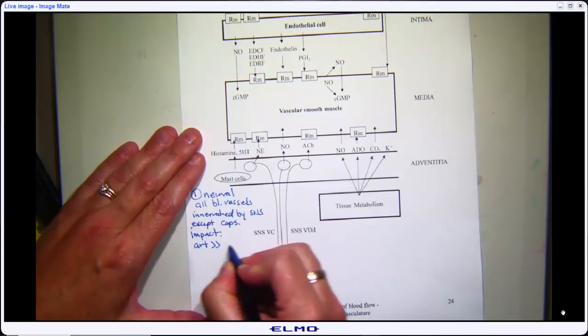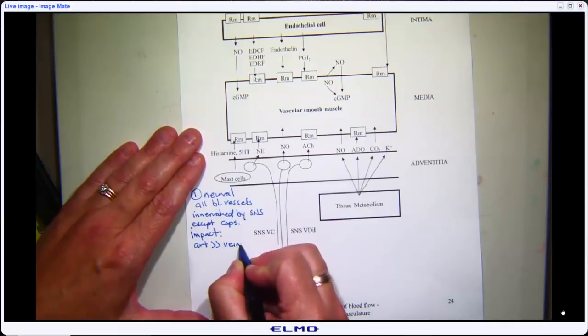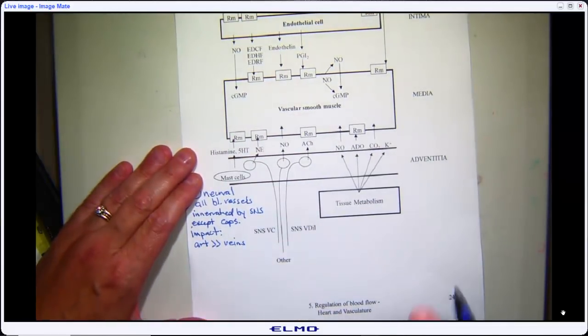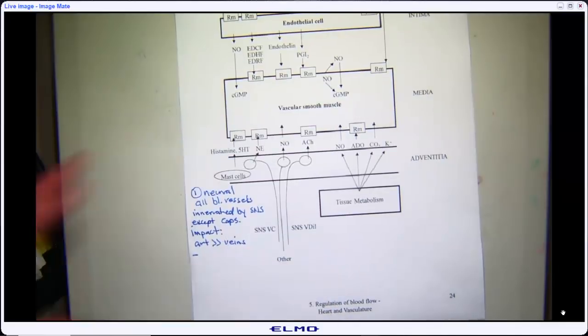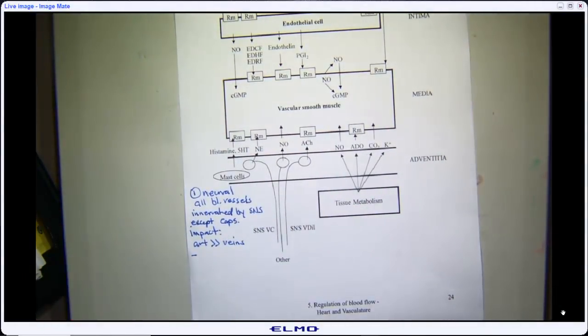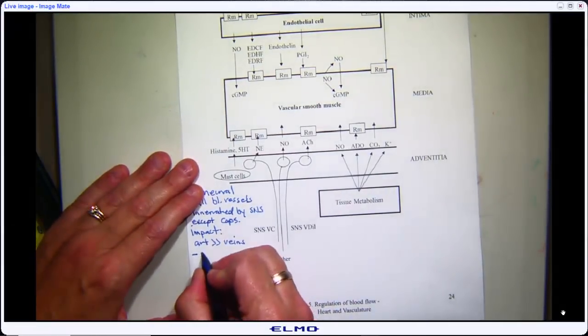Arteries are definitely impacted greater than veins are. And then even with arterioles, all arterioles are not controlled equally. Okay? There will be more power to constrict or dilate in some vascular beds than there will be in others. So the power or the gain isn't equal either amongst arterioles. So really the neural input is not distributed equally.